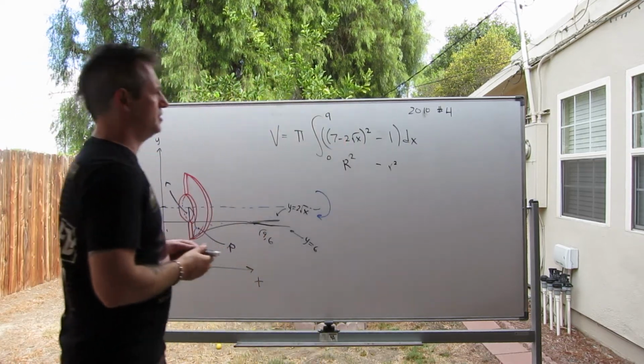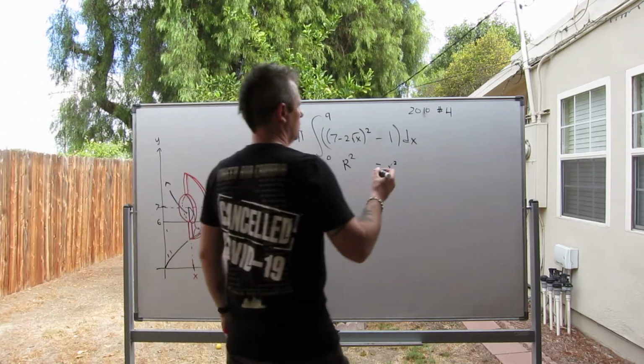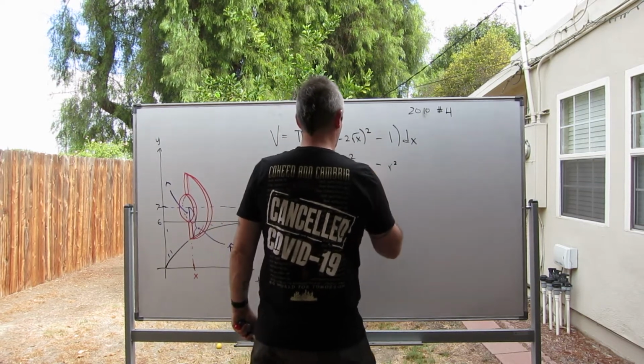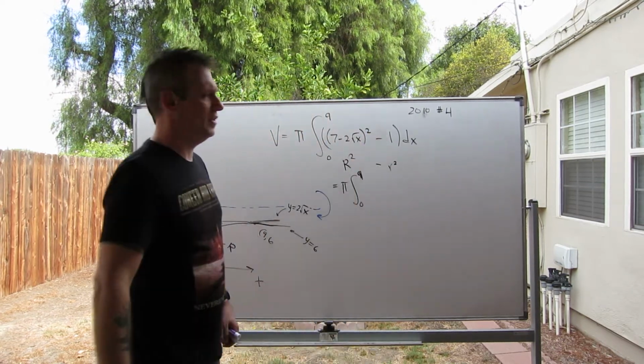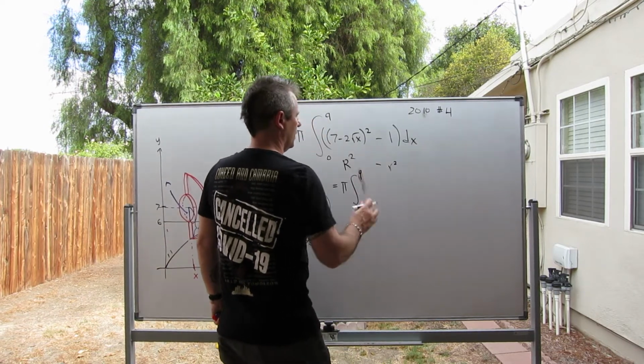And there you have it. This is the integral that we end up having to compute, so I'm going to go ahead and do that right now. This equals pi times the integral from 0 to 9. I'm going to multiply all of this out and see what we get.